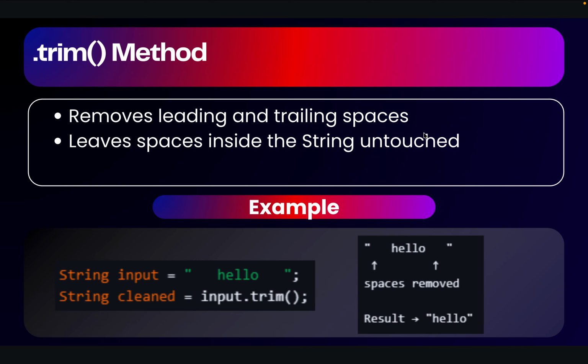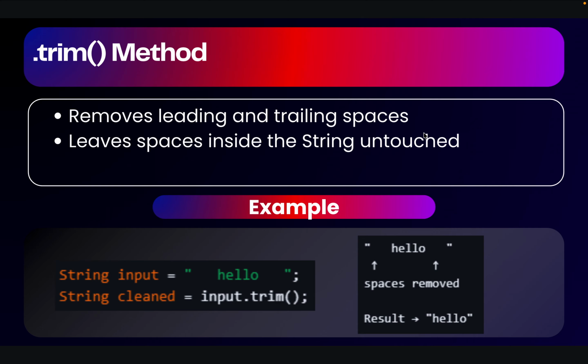There also may be a case when you're working with a user's input and they may have put extra spaces into the input that you don't want or that will cause issues to your program. And there is a way to help you clean that up, which is the dot trim method. So the dot trim method is actually used to remove any leading or trailing spaces that are within a string.